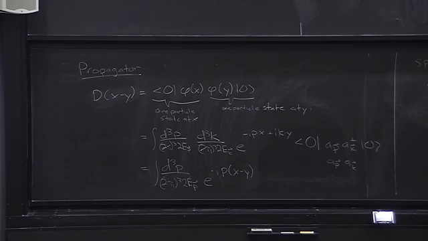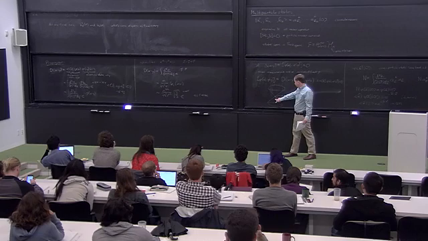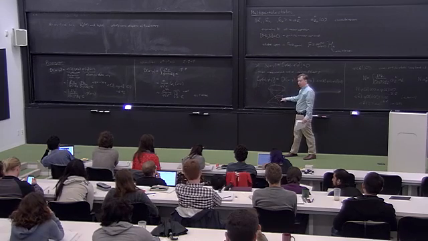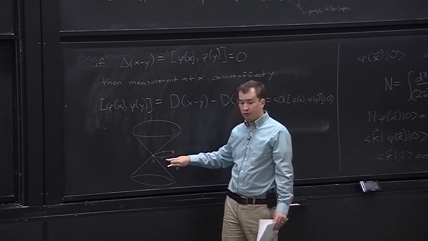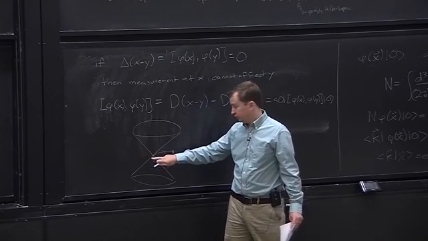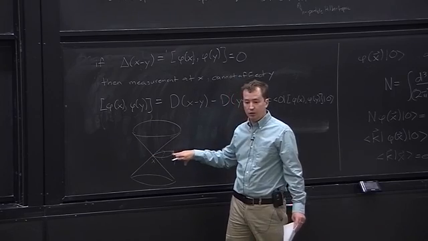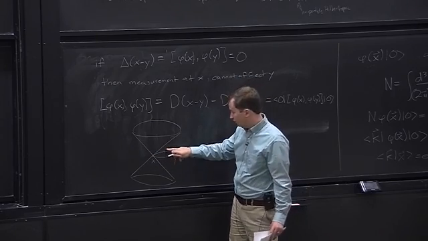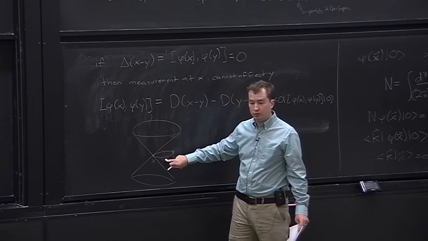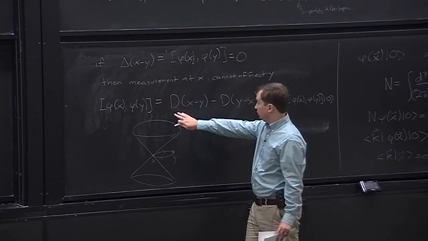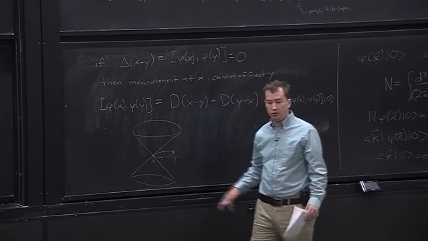So there's a non-zero amplitude for the particle to propagate from x to y. There's also a non-zero amplitude for the particle to propagate from y to x. And if we just measure that there's a particle in x and y, we can't tell which happens. And these two amplitudes cancel. So if we compute this commutator, this is 0.